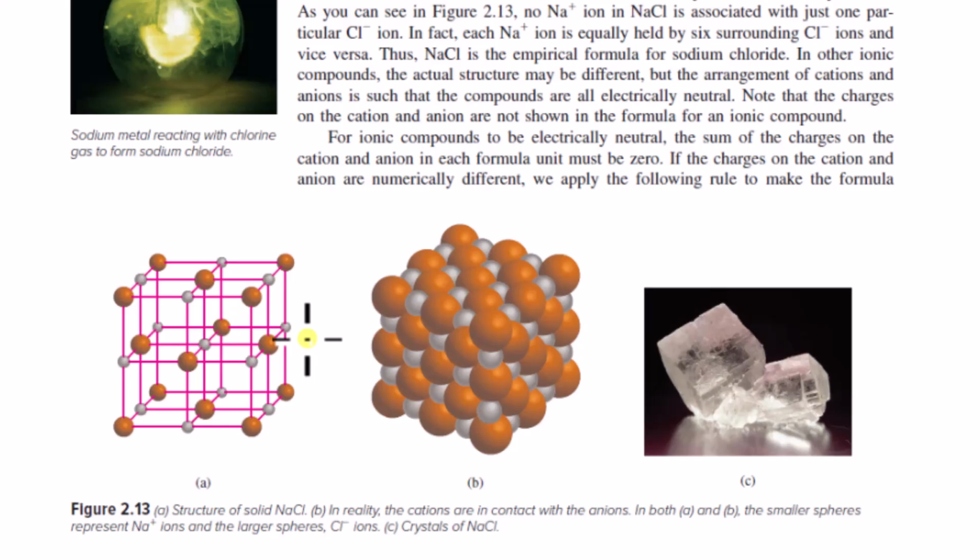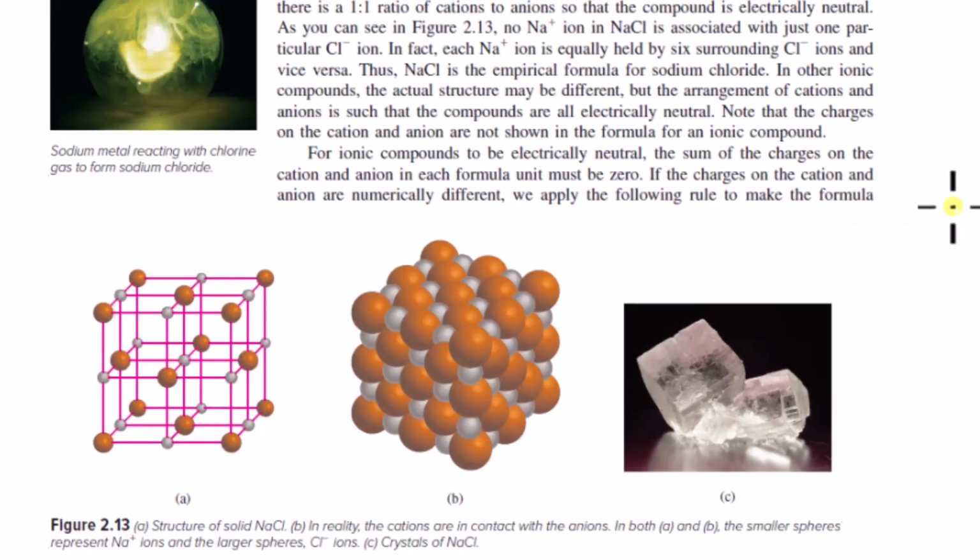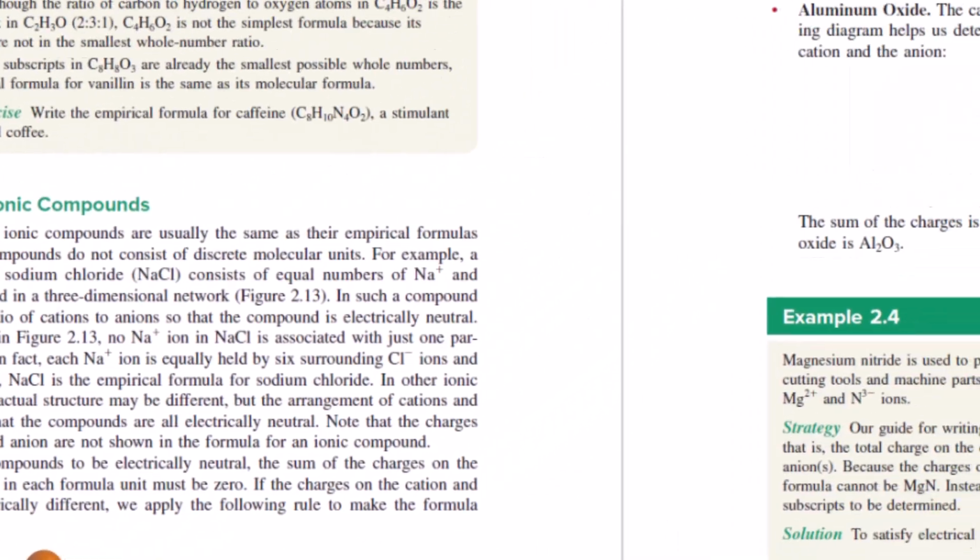That's why you have ions with different charges, 2 pluses, 3 pluses, etc. Okay, and so for ionic compounds to be electrically neutral, the sum of the charges on the cation and anion in each formula unit must be 0. If the charges on the cation and anion are numerically different, we apply the following rule to make the formula electrically neutral.